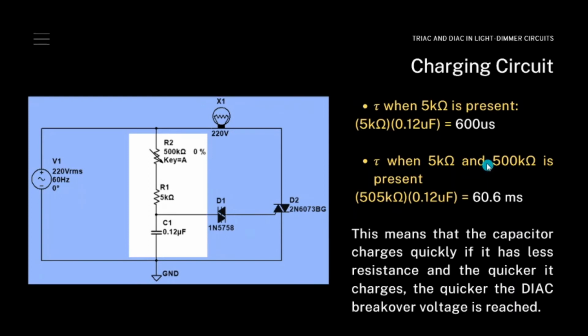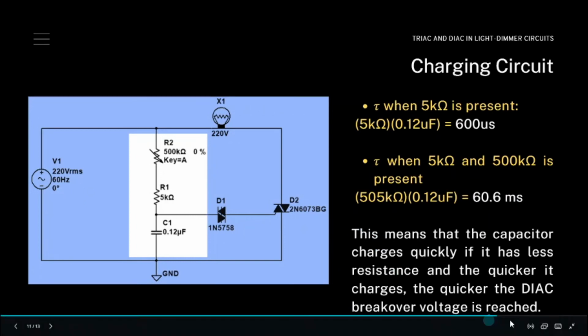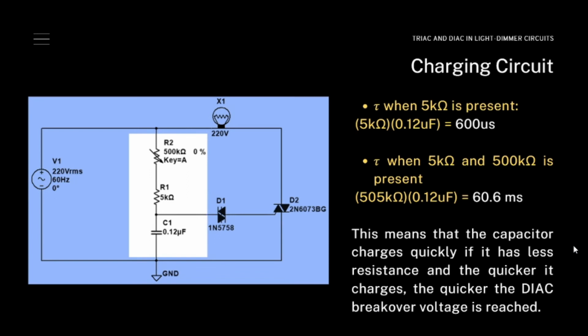Kung titingnan natin, this is 600 microseconds, this is 60.6 milliseconds. So, meron tayong note dito that this means that the capacitor charges quickly if it has less resistance, and the quicker it charges, the quicker the DIAC breakover voltage is reached.